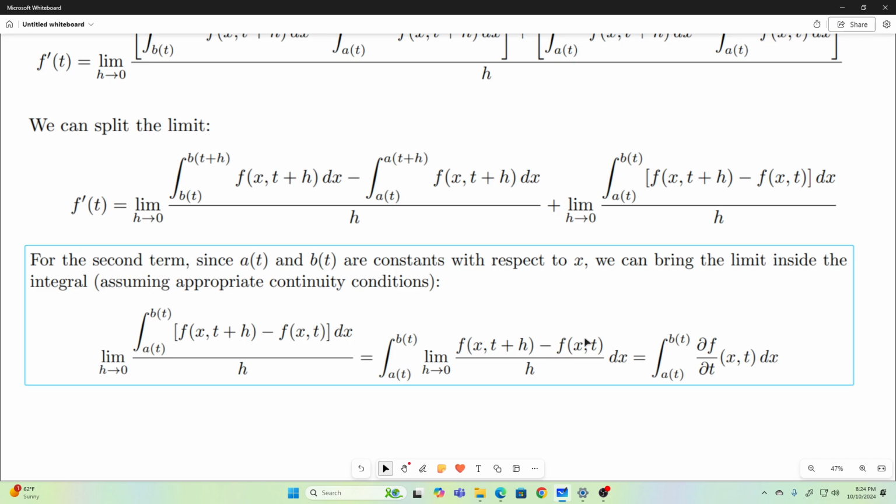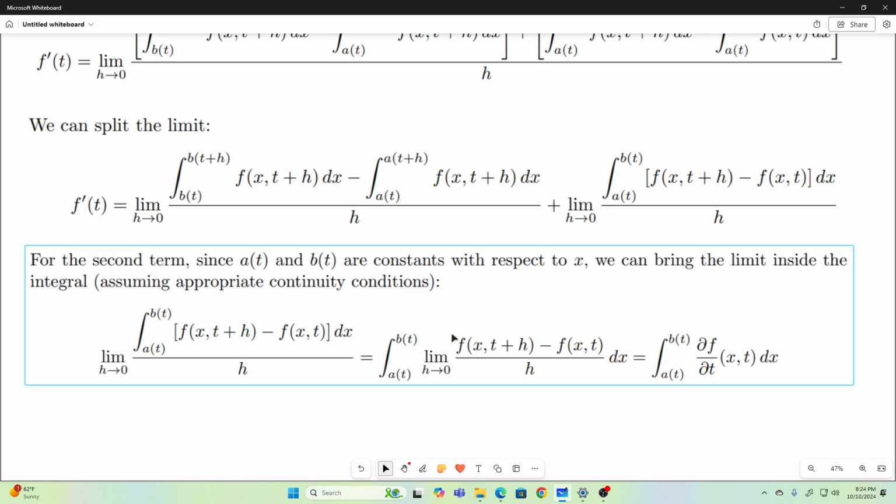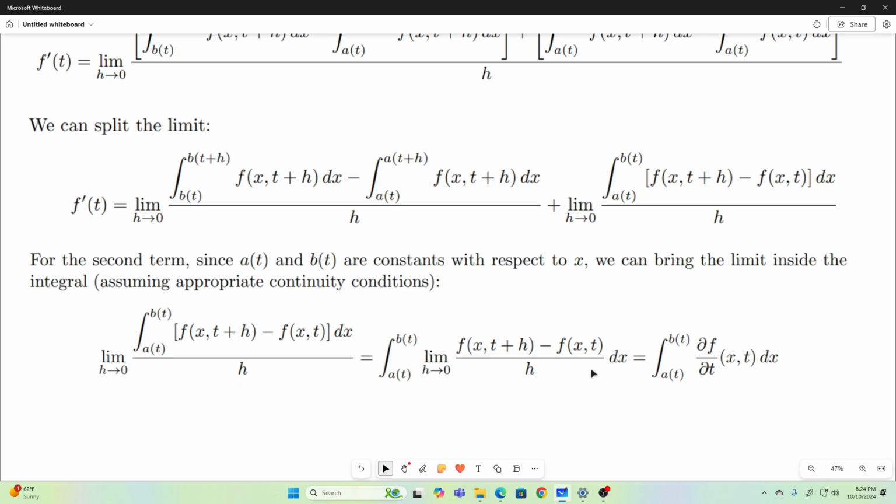And then notice that this is exactly the limit definition of a partial with respect to t of a function of x and t. So we can just rewrite it like this. So this part right here just becomes the integral from a of t to b of t of the partial with respect to t of our function of x and t.